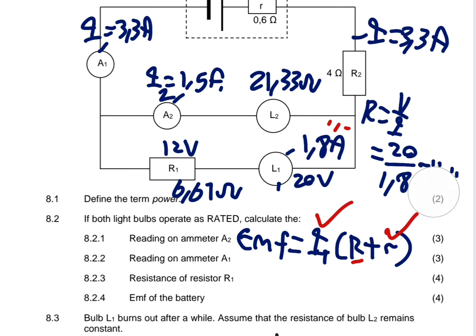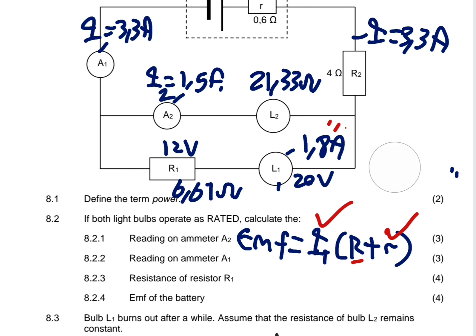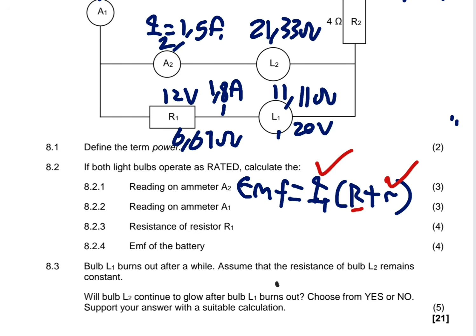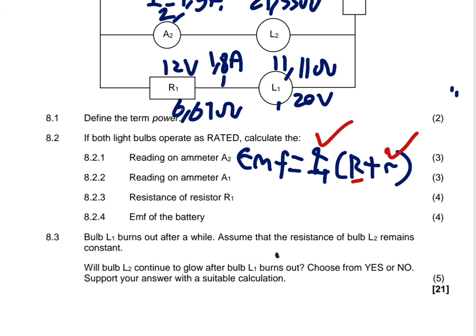So we can also remove this. And we have 11,11 ohms. And we just know that we have a current of 1,8 amperes.